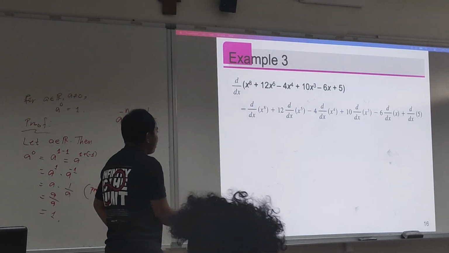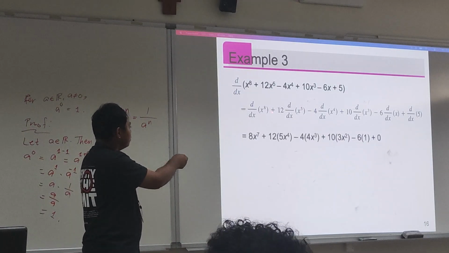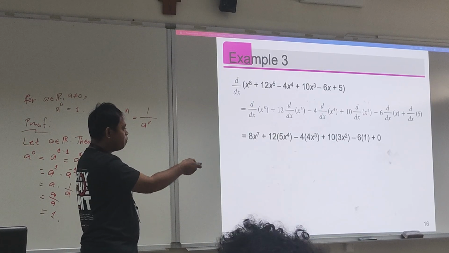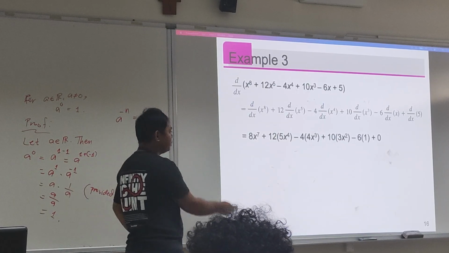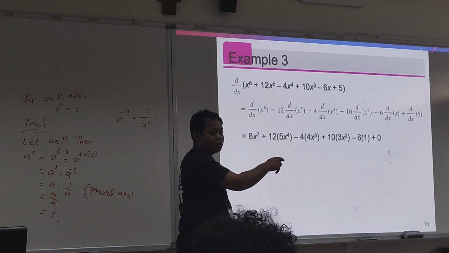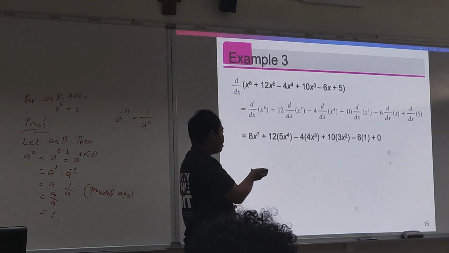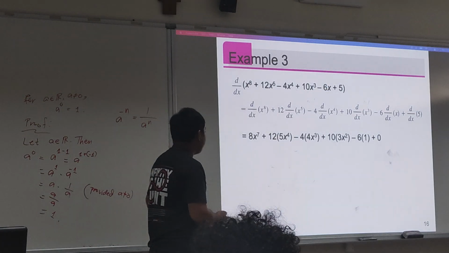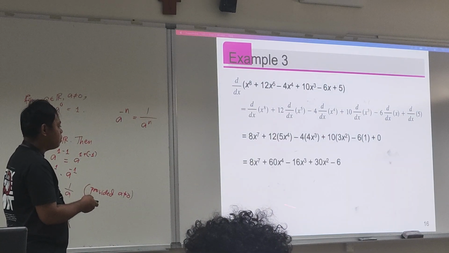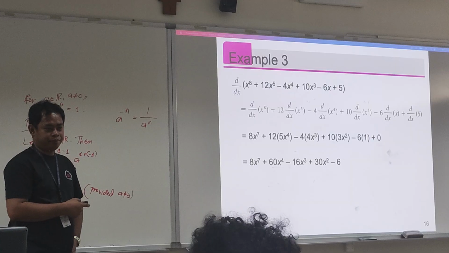So this one is 8x to the 7 plus 12 times 5x to the 4th minus 4 times 4x cubed plus 10 times 3x squared minus 6 times 1, and this one is 0, a constant. And then simplify further. You can multiply these two. So with that, this will be your answer.